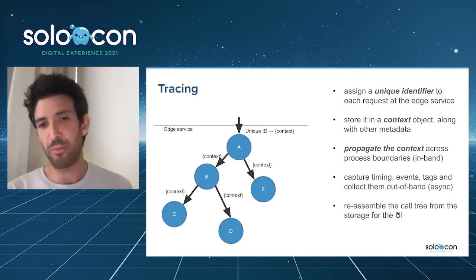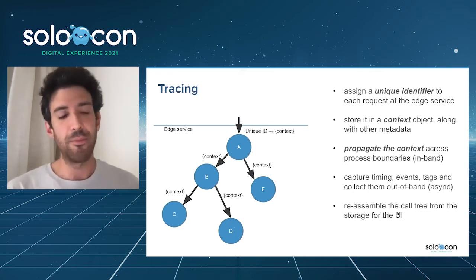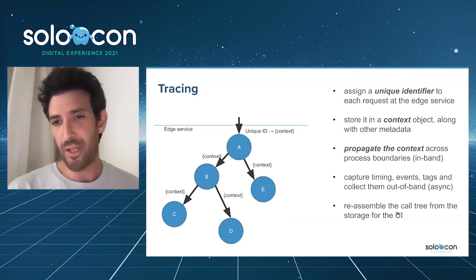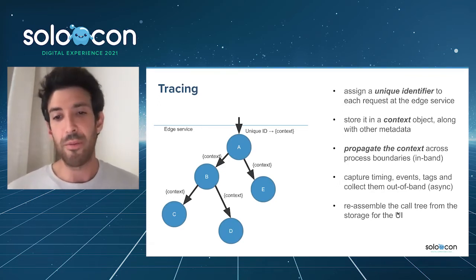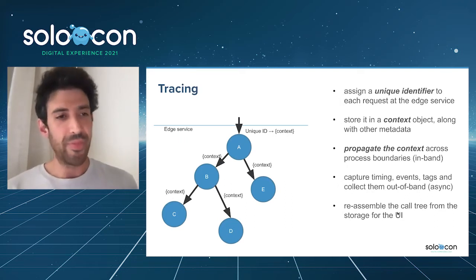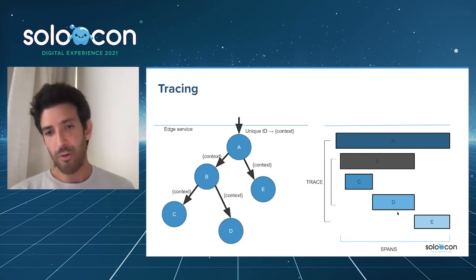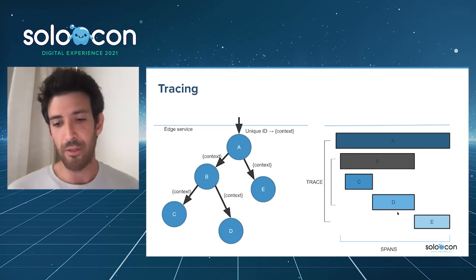Each service is responsible for propagating the context. It's important to understand that tracing, unlike metrics and logging, requires some application modification in order to make sure those contexts are propagated within the application. This allows us to capture timing, put arbitrary metadata on a context, and we can then reassemble the call tree that we collect in a UI. And just to give an example, you can see here we can construct these spans out of the individual traces of each step in the request chain.